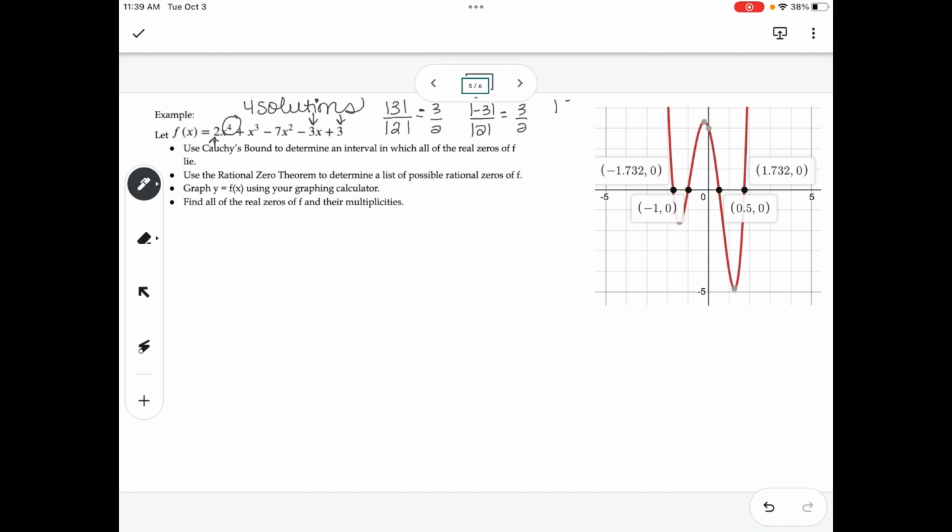Then I'll have the absolute value of -7 over the absolute value of 2, which is 7/2. And then the absolute value of 1 over the absolute value of 2, which is 1/2. So it looks like our largest value is 7/2 because that's 3.5, so this is M.